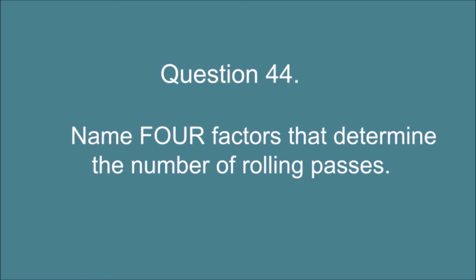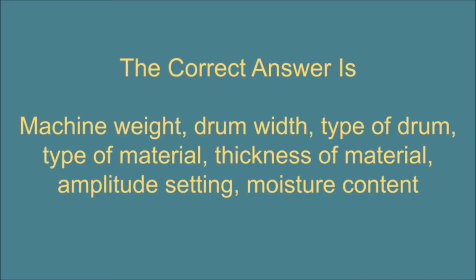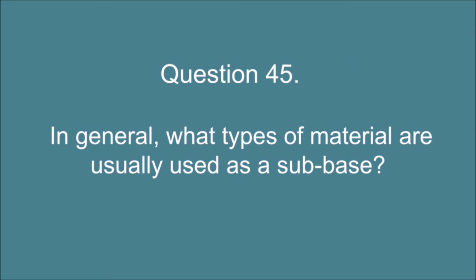Question 44. Name 4 factors that determine the number of rolling passes. The correct answer is machine weight, drum width, type of drum, type of material, thickness of material, amplitude setting, moisture content. Question 45.